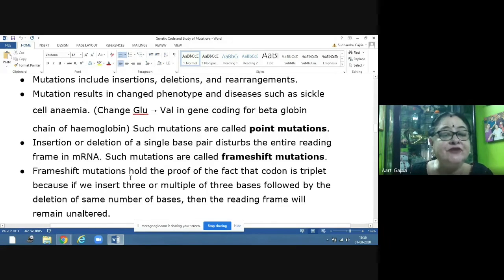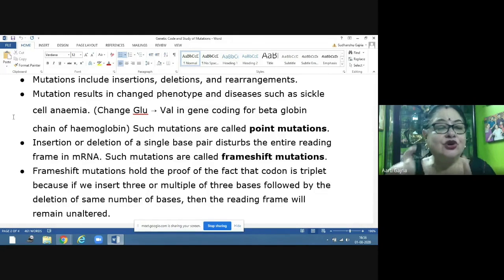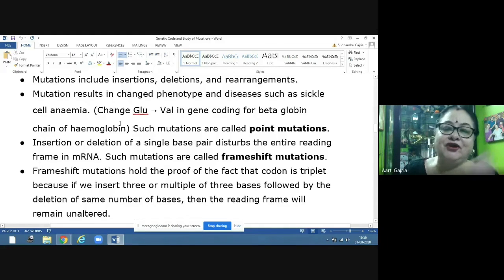Now, frame shift mutation holds the proof of the fact that the codon is a triplet. Because if we insert three or a multiple of three bases, followed by the deletion of the same number of bases, the reading frame will remain unaltered.